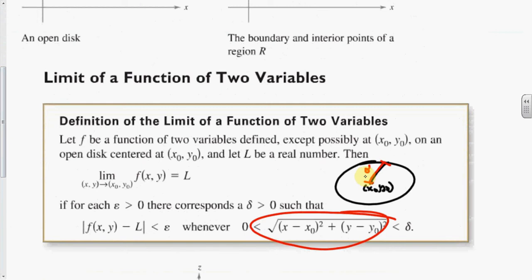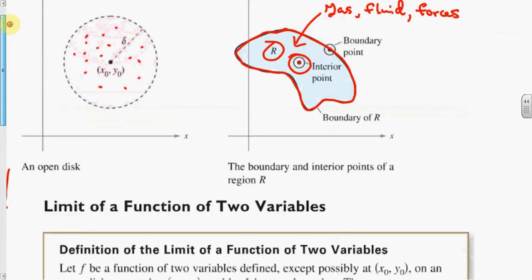And in analysis, if values exist, if I keep getting these points about this point x naught, y naught, we call x naught, y naught an accumulation point.